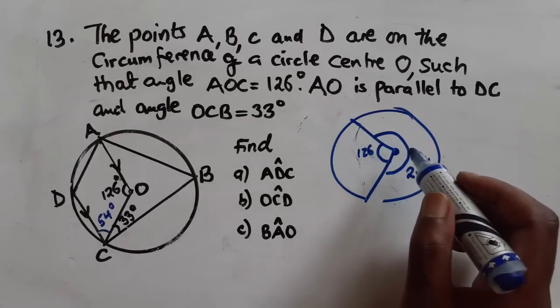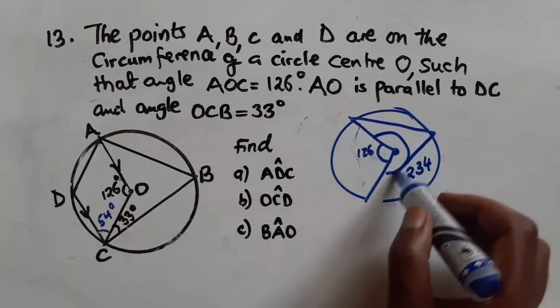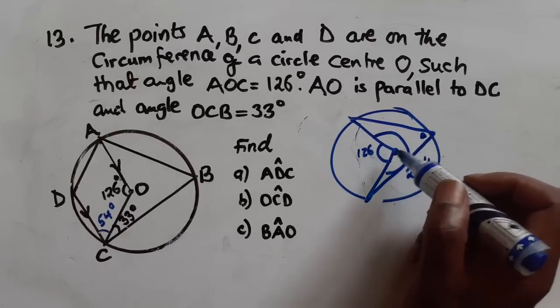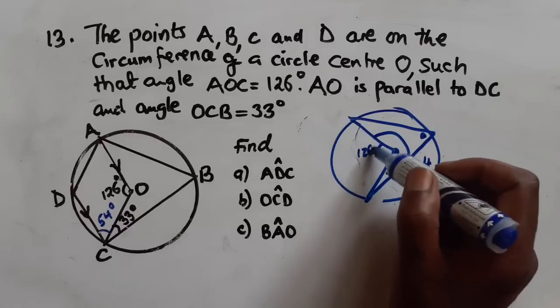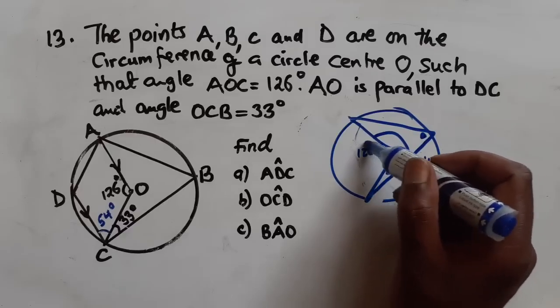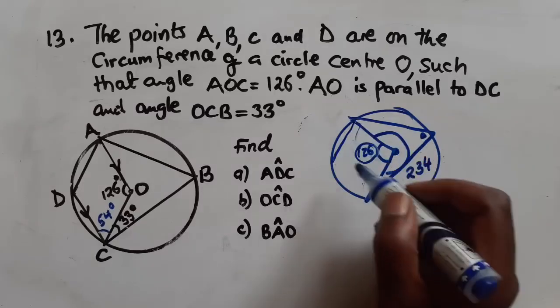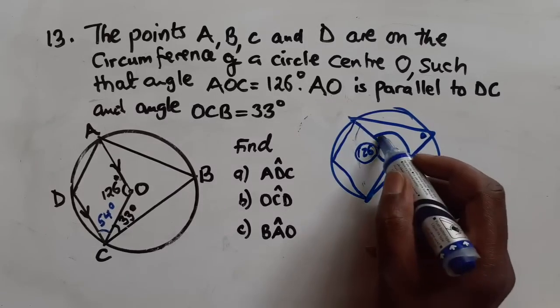Now I want you to understand something here. What do we say about this angle here? To get this angle that is here, we say we divide this one by 2, isn't it? So similarly, to get the angle that is this side here, we need to divide this angle at the center by 2.